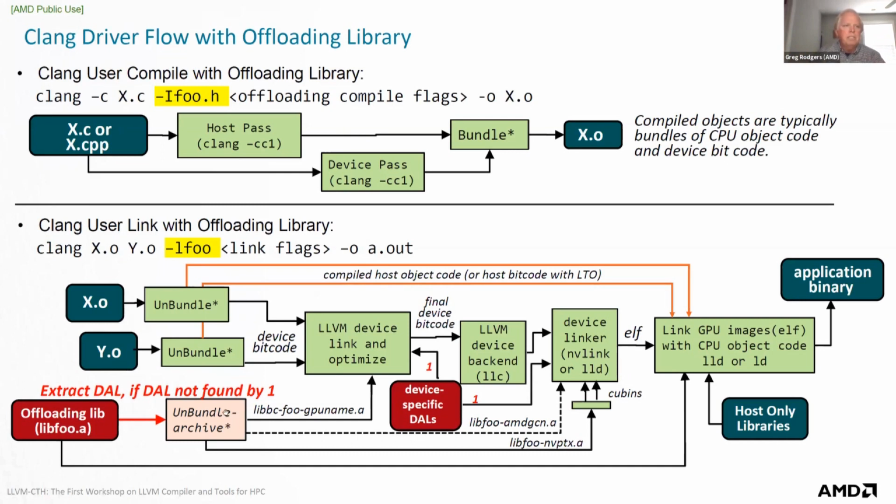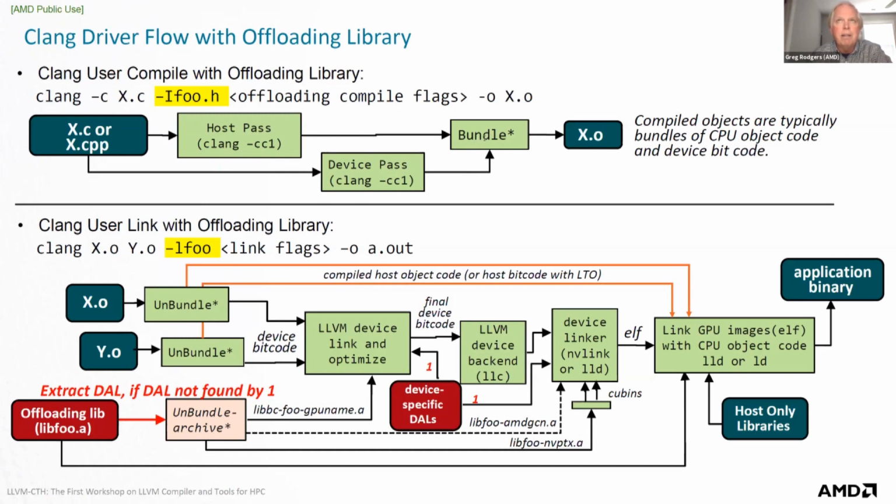So this red arrow here represents what's new, this new tool, Unbundle Archive, which, by the way, we're building as an enhancement to the current bundling tool. So this tool up here that bundles is internal to the Clang environment. Users don't need to know about these green boxes.